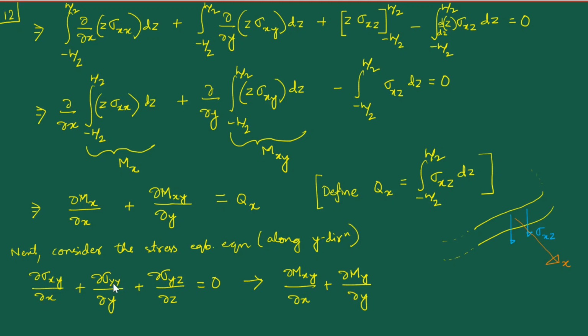This my I'll be getting from this term, and this mxy I'll be getting from this term. And from here, what I'll obtain is a qy, where you please note that we are defining qy to be the integral from minus h by 2 to h by 2 of sigma yz dz.